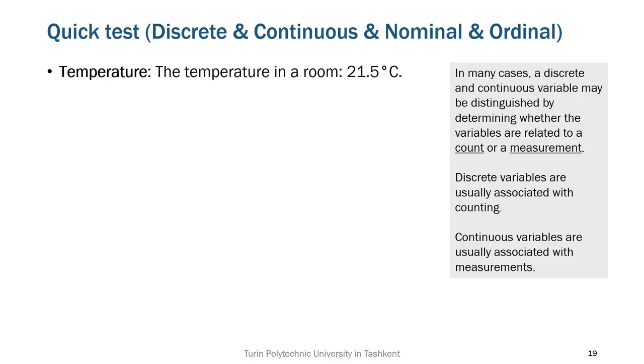Like we are going to see examples. The temperature in the room is continuous data because it has a continuous number, 21.5. Like we have job roles: intern, junior, senior. It's ordinal data.